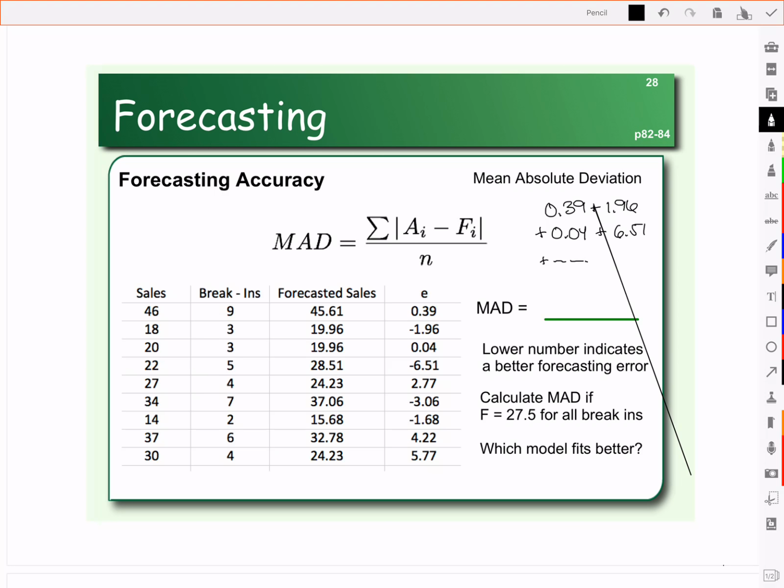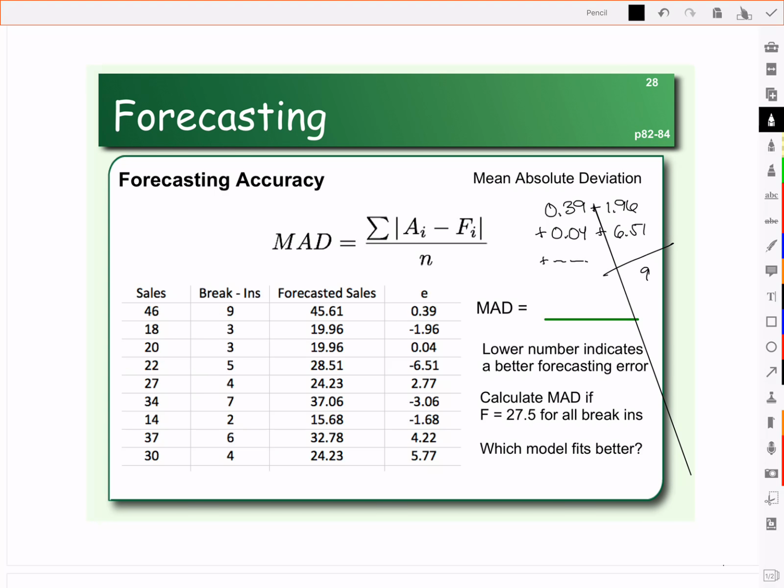That gives us the top part. And then we would divide by the number of numbers that we have here. So here we have 3, 6, 9 data points. So we would divide by 9. Okay, so in MAD, we take the absolute value of all the errors, and then we simply find the average of them. We add them up, we divide by the number of numbers.